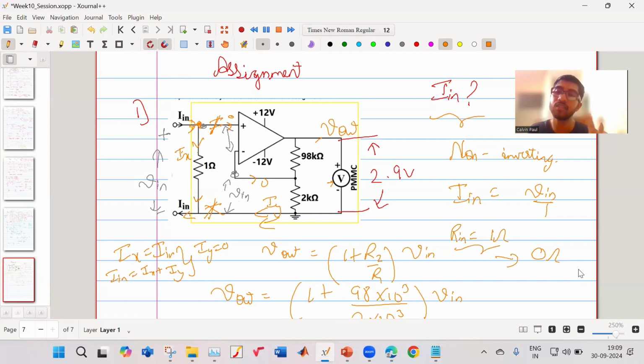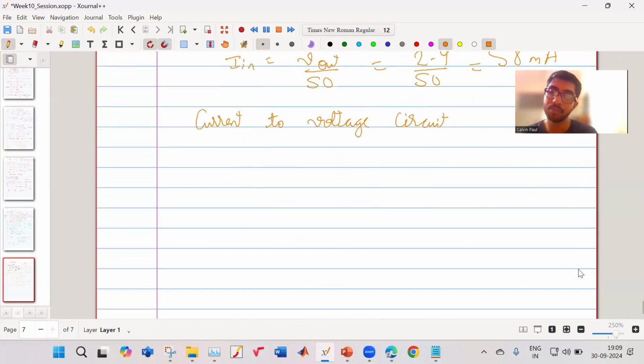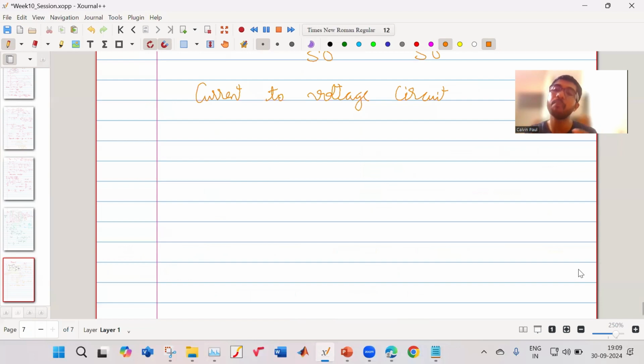Through this circuit, we are mimicking how an ammeter works, generating a voltage proportional to the current, and also making the input resistance very low. This is one example of how we can do certain manipulation. We are converting signal information to some other information so that we can use it.